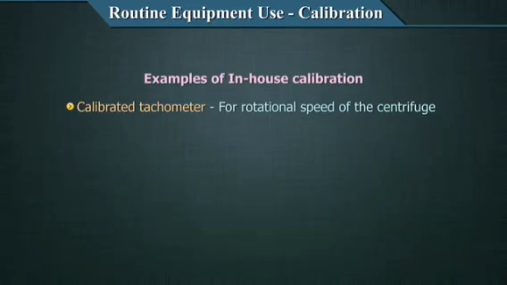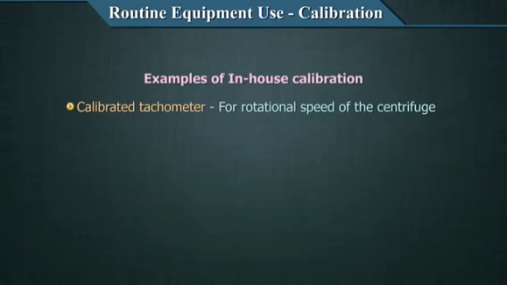The tachometer must be calibrated by a laboratory of a higher degree of accuracy, a 17025 accredited laboratory, and that tachometer can then be used to calibrate whatever centrifuge is in your laboratory. So that unbroken chain of comparisons to the higher level is always evident at any kind of audits. I hope that concept is clear.